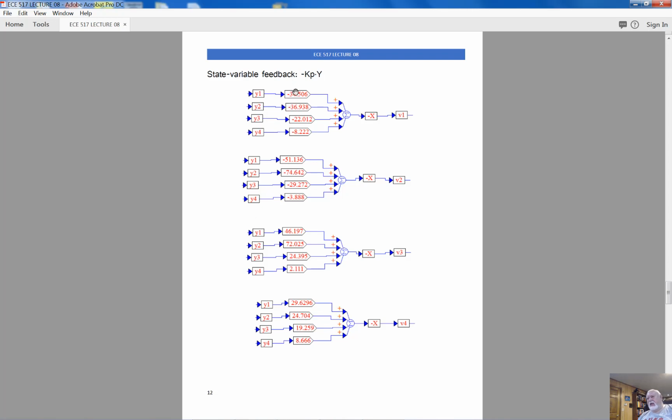And believe me, I typed in every single element of the matrix Kp that was determined using or calculated using the computer tool. I want you to keep in mind that I introduced special variables v1, v2, v3, and v4 that will be used later in the control law.